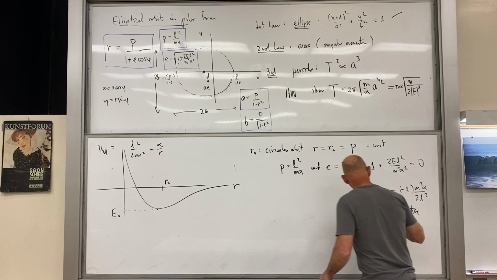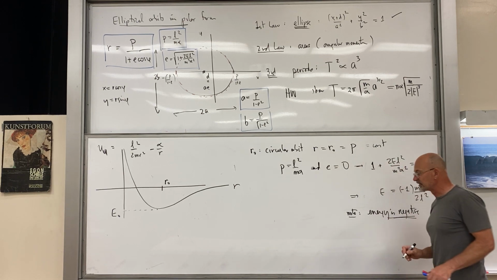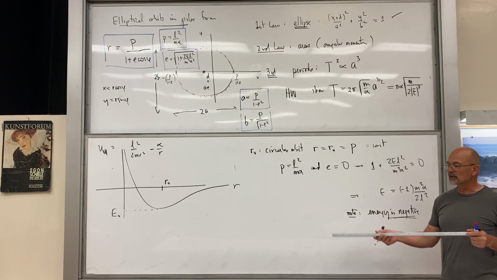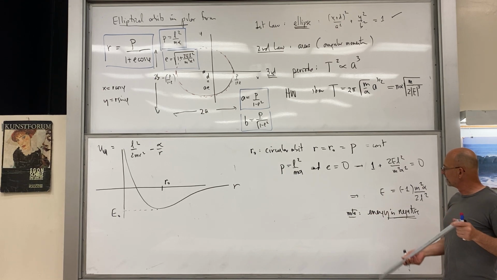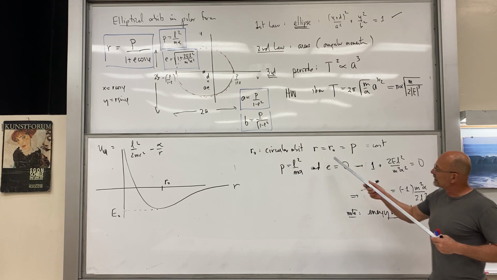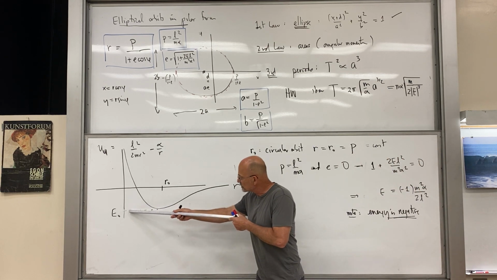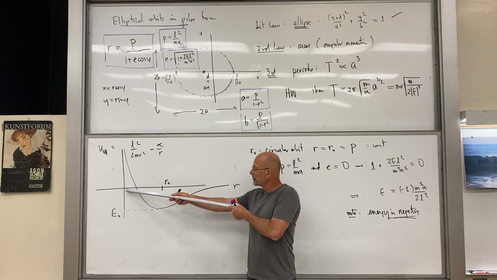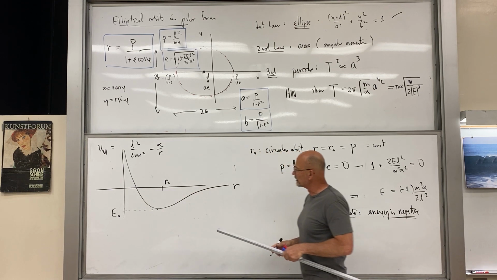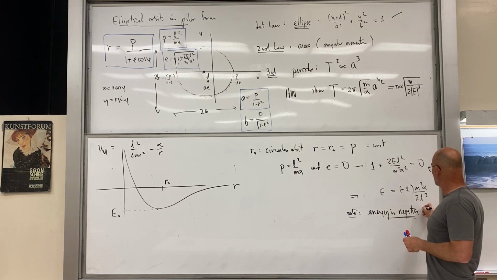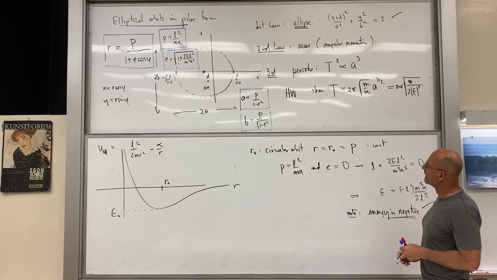I'll just leave it here that the energy is negative and stress that. It's very important for central force problems, for gravitational problems in particular. It's negative because it's a bounded orbit. So it's also going to be negative for these larger energies all the way up to E equals 0, just this side of E equals 0. Good, so we have that.